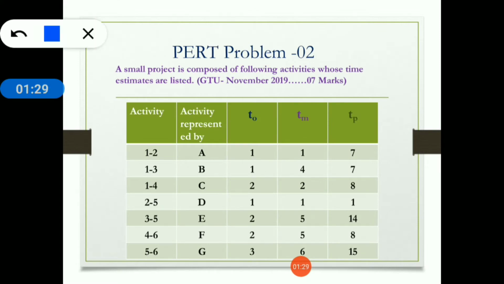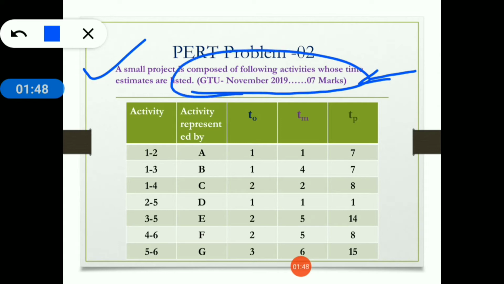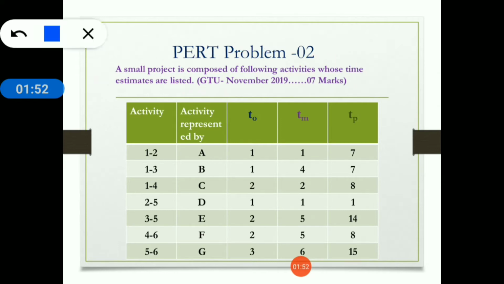Now the first PERT example, problem number 2. A small project is composed of the following activities whose time estimates are listed below, and this example was asked in the GTU November 2019 examination. So here activities are given and times are also given.